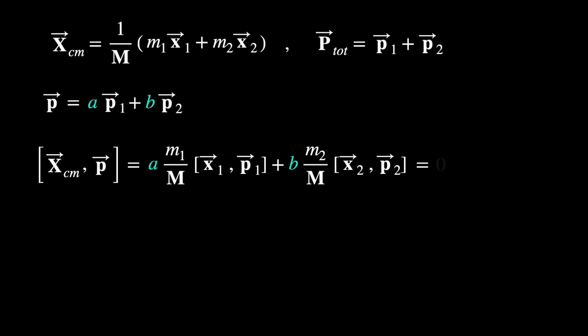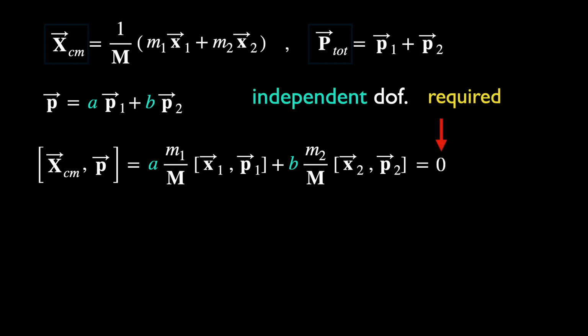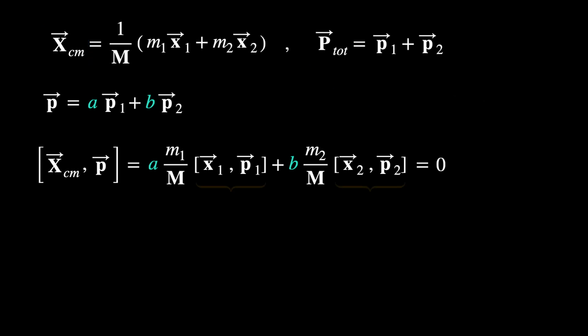This commutator must be zero if it is to be an independent variable with respect to the center of mass variables. Notice that these two commutators are equal. This implies the following equation.